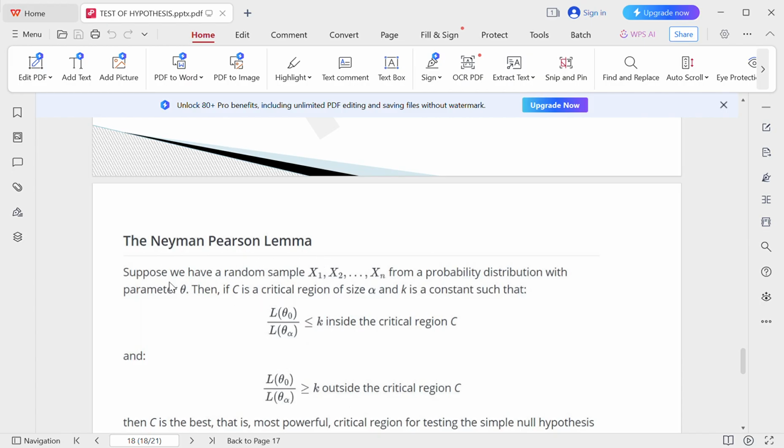Neyman-Pearson lemma. Suppose we have a random sample x1, x2, etc., xn from the probability distribution with the parameter theta.